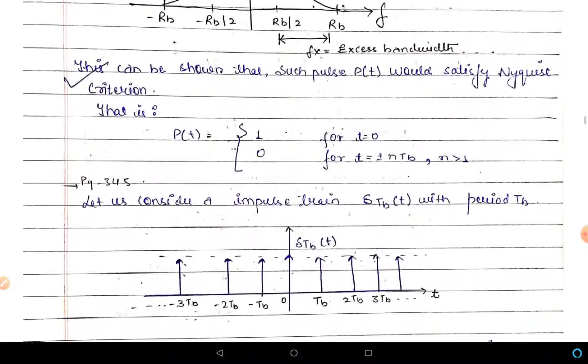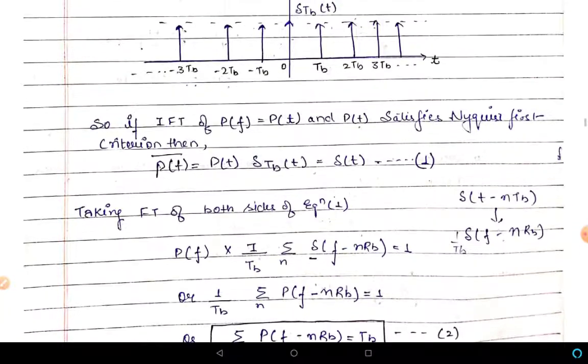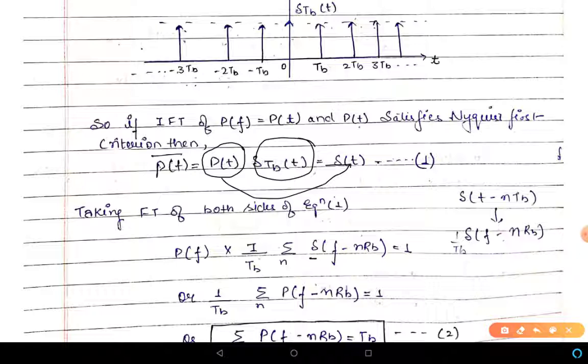So if it satisfies the Nyquist criteria and I multiply this pulse with delta TB, my result is going to be delta(t) itself, because as per the Nyquist criteria, P(t) equals 1 for t equals 0, and multiplication will yield delta(t), and P(t) is equal to 0 for other values of nTB.